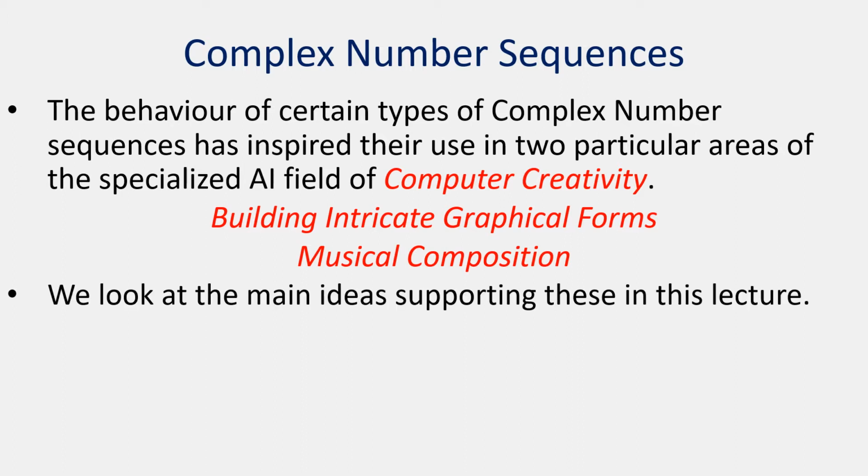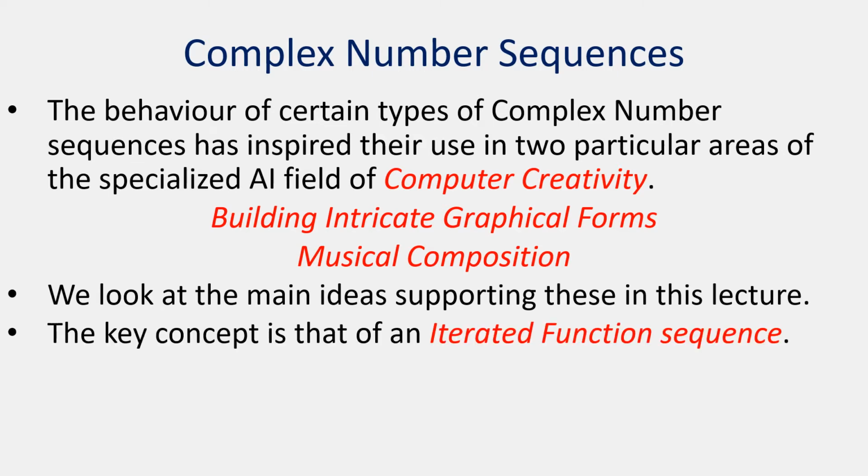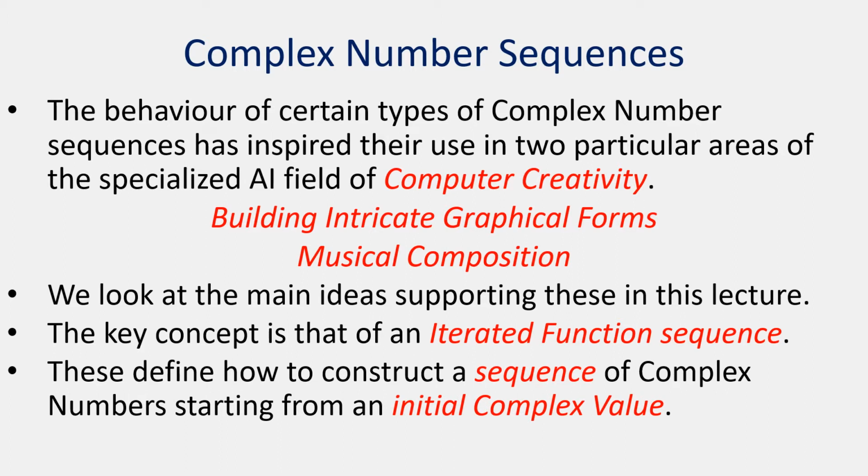And what I'm going to do in this lecture is have a look at the main ideas that support these techniques from complex numbers. So, the most important notion is an object that's called an iterated function sequence. And what all these do is they tell us how to construct a sequence of complex numbers when we start from some initial value. So let's look in more detail at that.